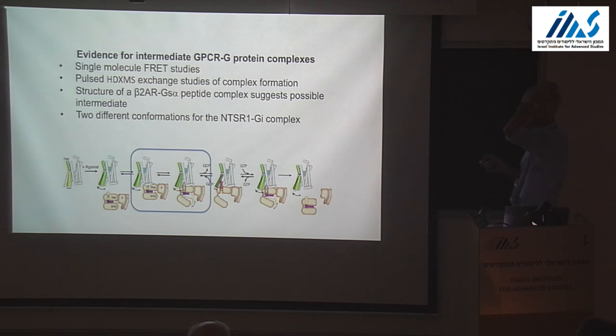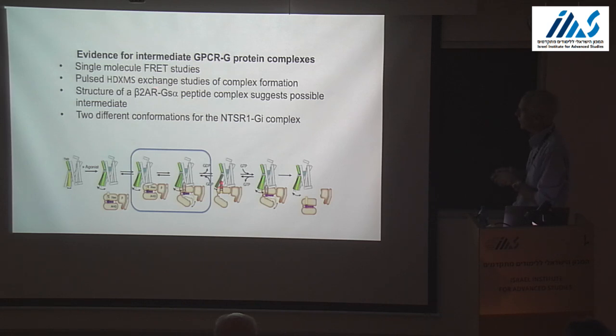So evidence for this are some single molecule studies that I'm going to talk about. We've also done pulsed deuterium exchange studies to look at complex formation, and we see that the state that would be represented by our crystal structures takes many, many minutes to form, much longer than it takes to undergo a cycle.